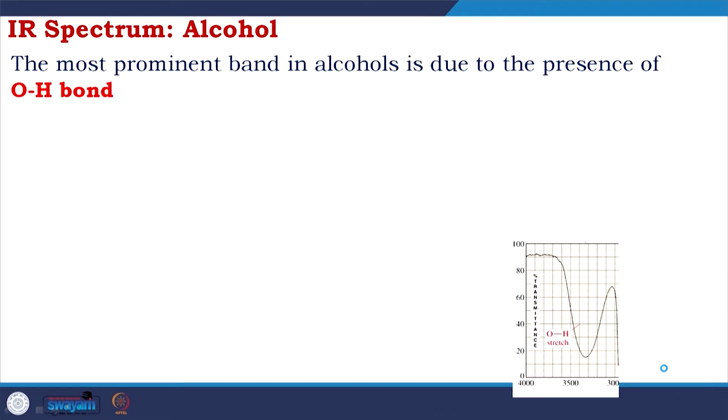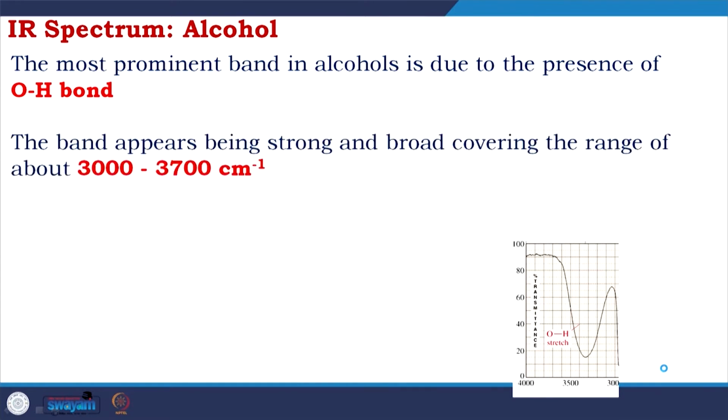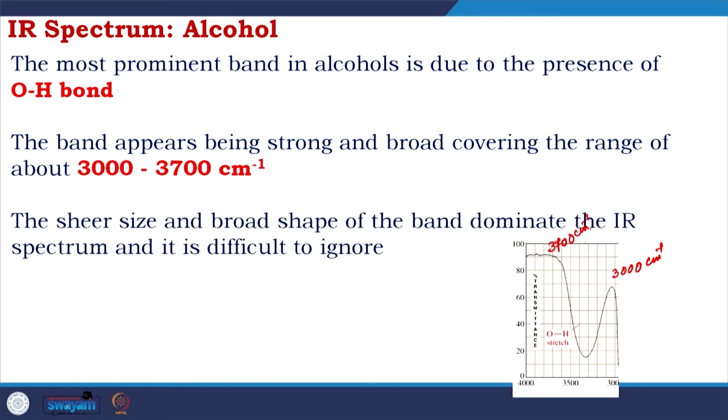Alcohol: the most prominent band in alcohol is due to the presence of the OH or hydroxyl group. The band appears strong and broad, covering a range of about, here if you see, it started around 3000 centimeter inverse and it goes around 3700 centimeter inverse.